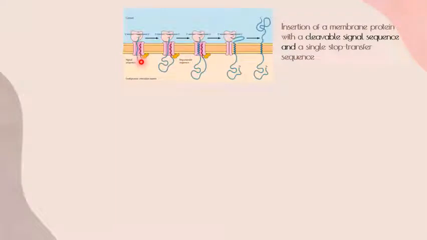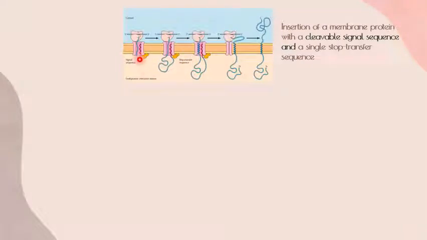It will also need a signal peptidase, which is this one, and a stop transfer sequence, which is the alpha helix in the middle of the protein, this blue one. And it will also need a Sec61 translocation channel.